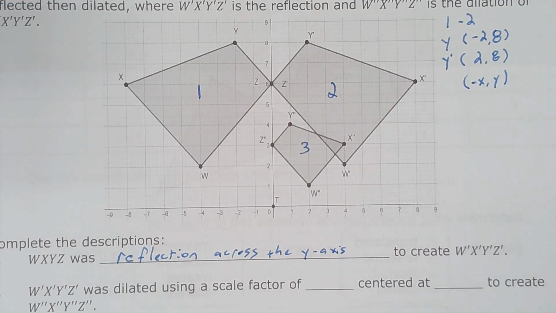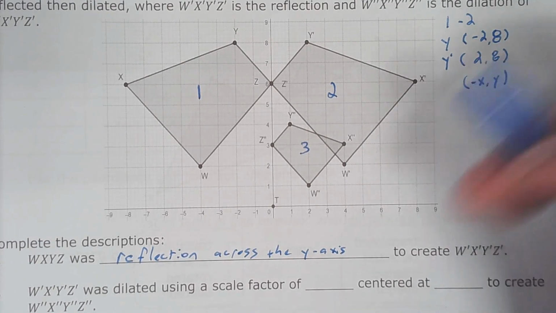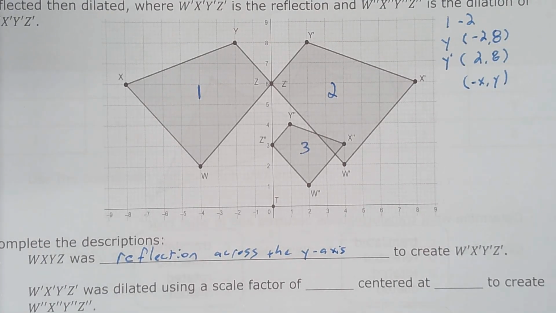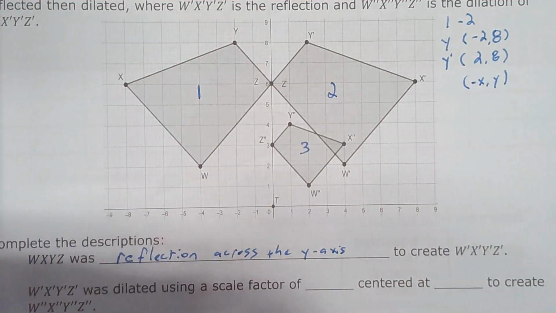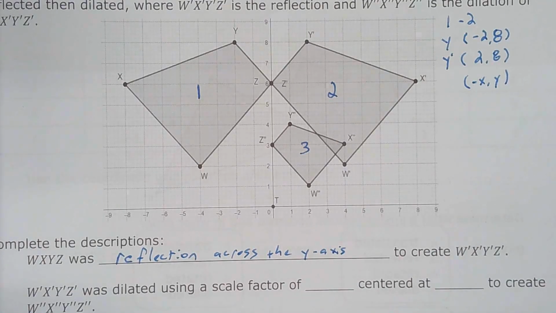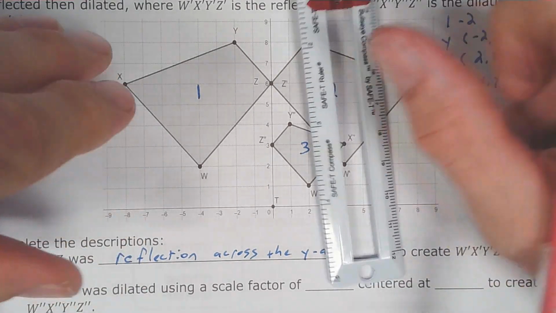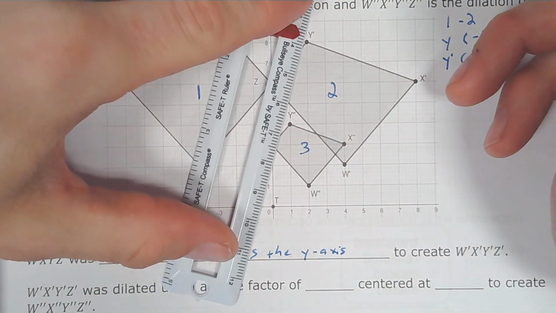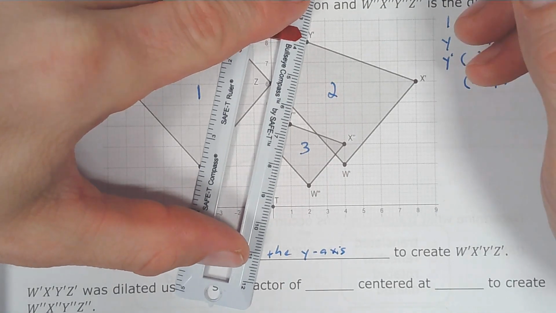Okay, well, the next one is saying, what is the scale factor from this dilation, and what is the point of dilation? So I'm going to shift to pink here. There's a number of ways I could figure out the scale factor. First, figure out the point of dilation.